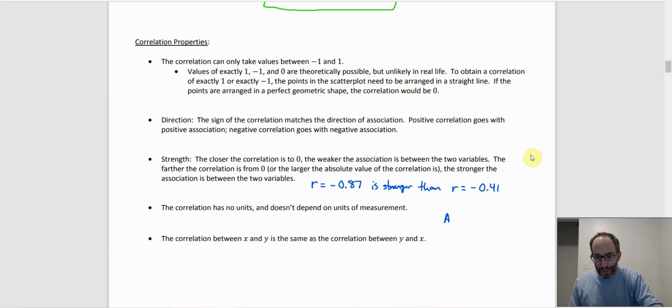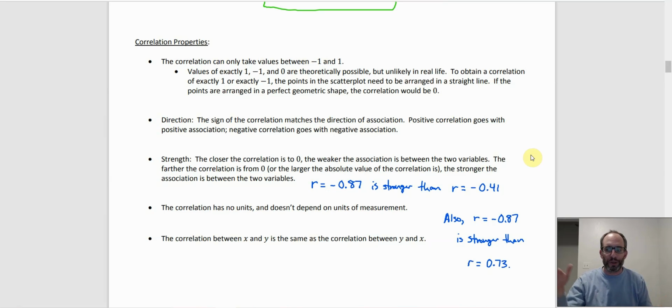Also, and this is the one that really tends to throw people off, r equals -0.87 is stronger than, let me come up with a positive one that's kind of strong, like 0.73. Because -0.87 is farther away from 0 than positive 0.73 is. So the -0.87 is a stronger correlation. That's the way to interpret whatever number you get for the correlation: farther away from 0 equals stronger, and farther away in either direction.